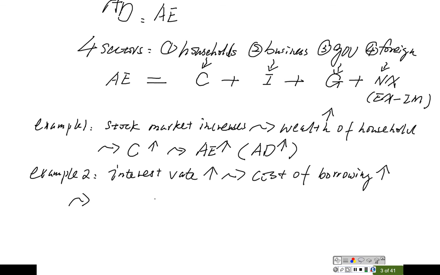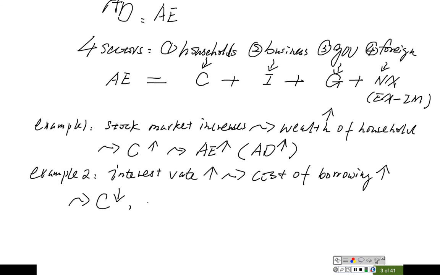If the interest rate goes up, the cost of getting the loan increases, and the household will buy fewer goods and services, especially houses and cars. So consumption here goes down. And similarly for investment and the business, because the cost of borrowing increased, the business will borrow less money from the bank.